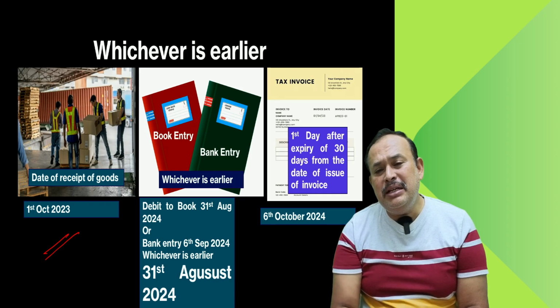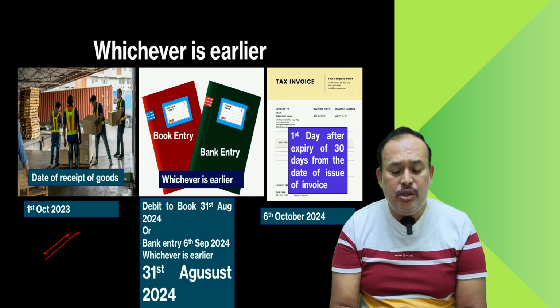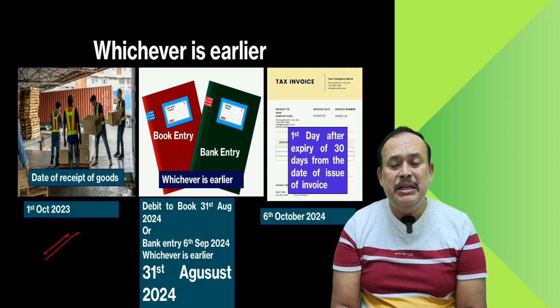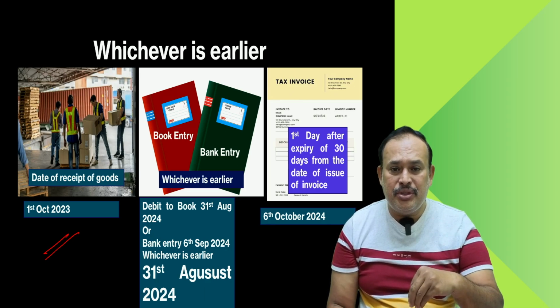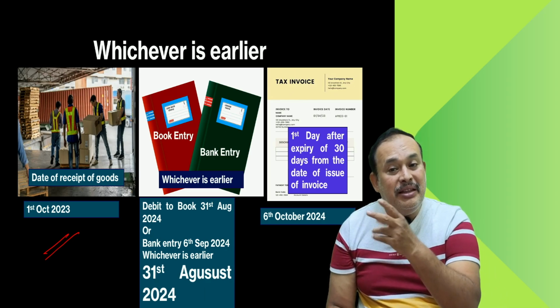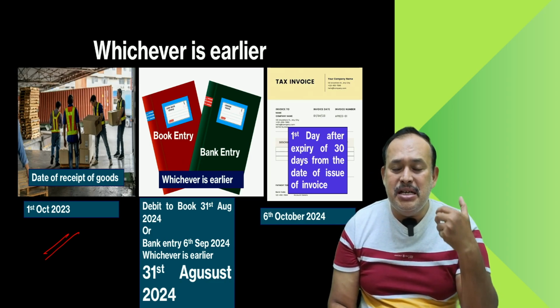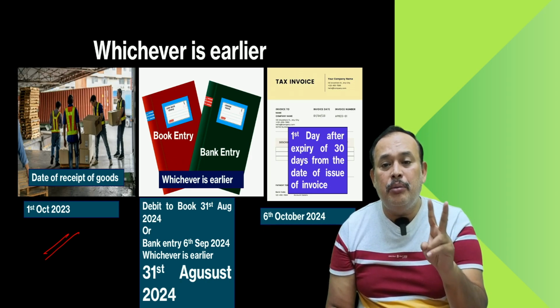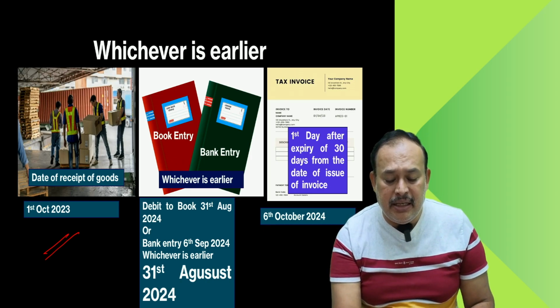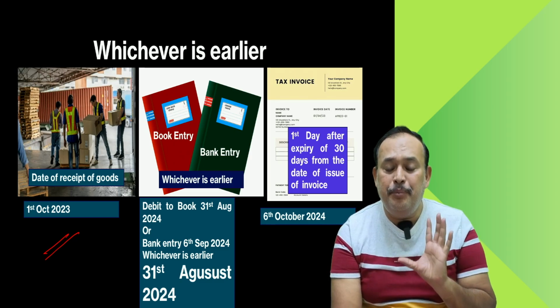Date of payment is considered. There are two entries. One is book entry, means in the books of the recipient he made a payment entry, or the banker gave the debit to the account of the recipient. Among the two, book entry or bank entry, whichever is earlier is the date of payment.